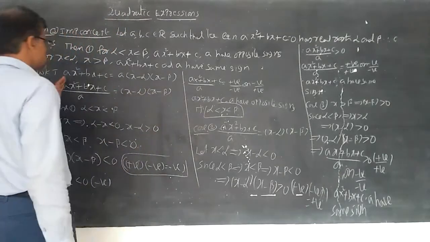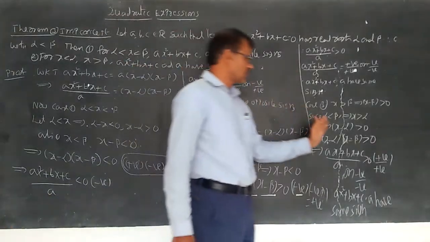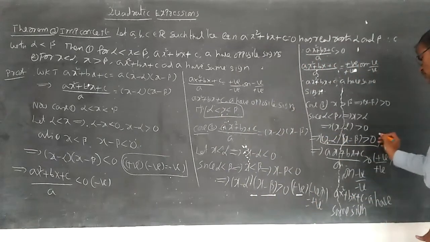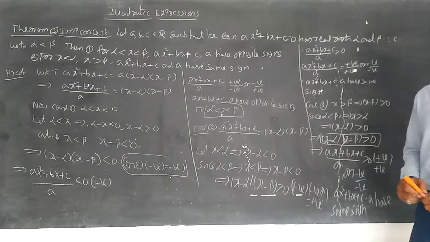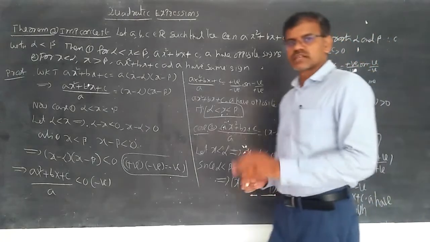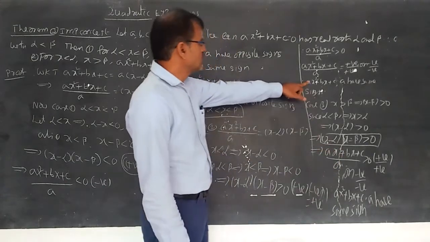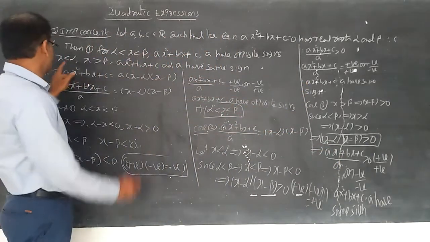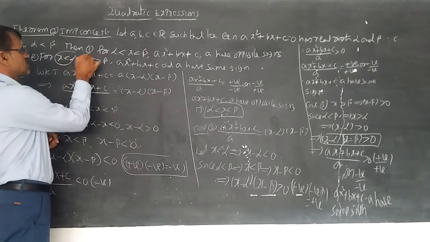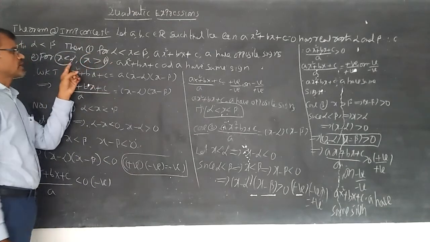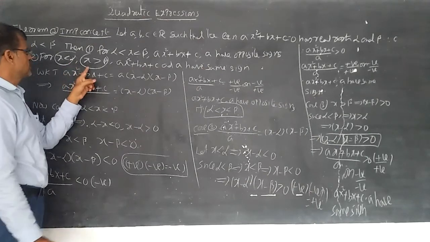Depending upon this theorem, we can understand here whenever x minus alpha into x minus beta is greater than 0, plenty of times we have discussed that x does not lie between alpha and beta. That only indicates x less than alpha and x greater than beta. This means there is no x value between alpha and beta.